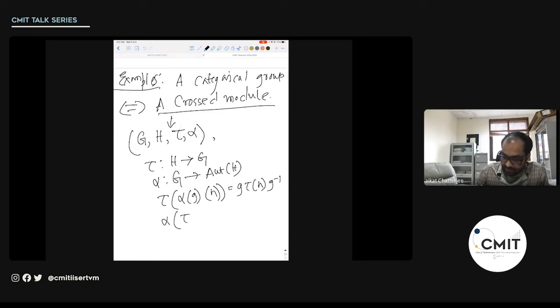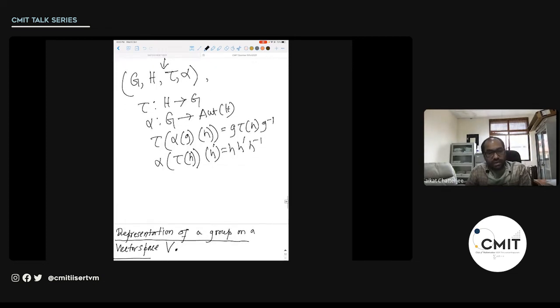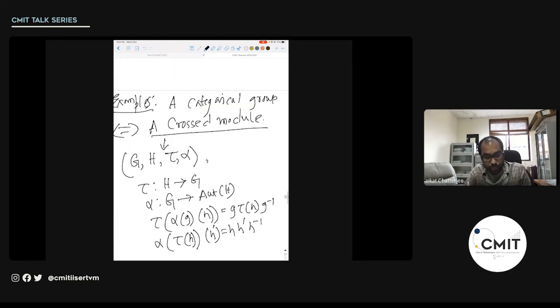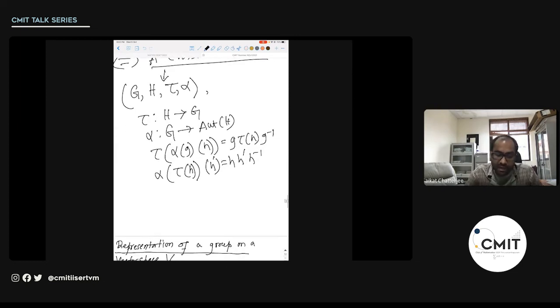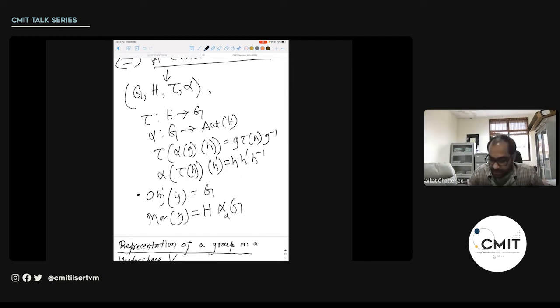So if you give this system of information, a pair of ordinary groups and a pair of homomorphisms satisfying these two relations, I can always obtain a categorical group by defining the objects of this category to be simply G, and the morphisms to be the semi-direct product of H and G with respect to this action alpha. Other details I don't want to write at this stage.